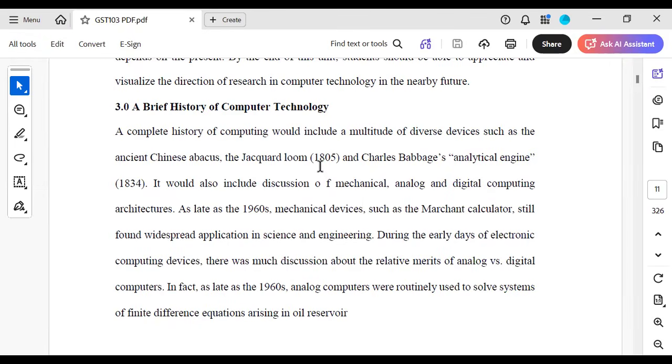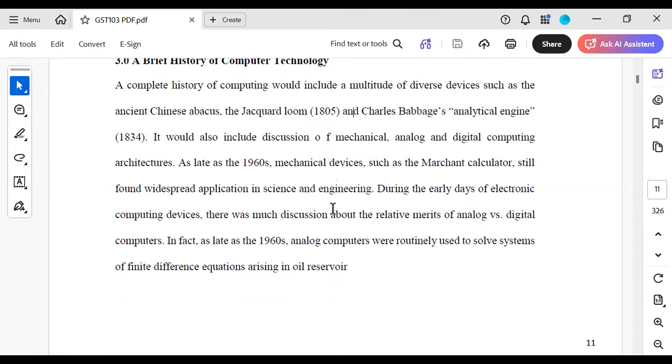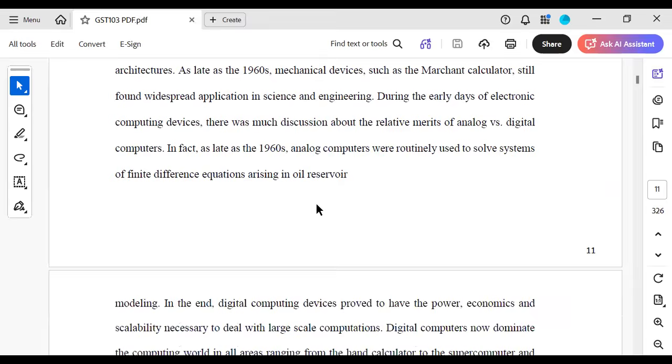Then mechanical devices such as the Marchant calculator started as early as the 1960s. That was when we started having calculators. But then what was in vogue then was analog. I know some of you understand what we mean by analog.